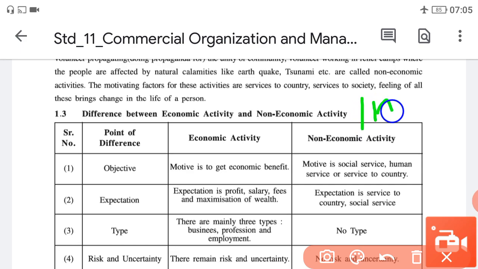Important question. You can mark this point: the question is the difference between economic activity and non-economic activity. Most important question for the exam.